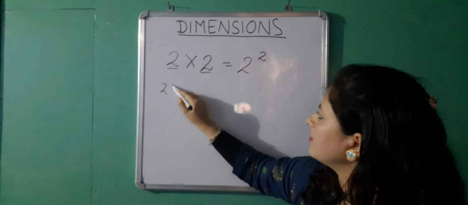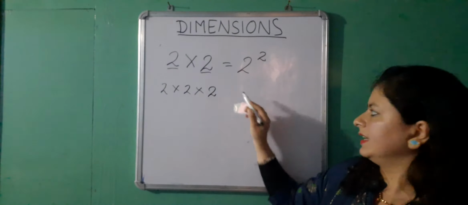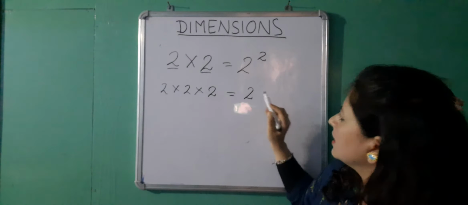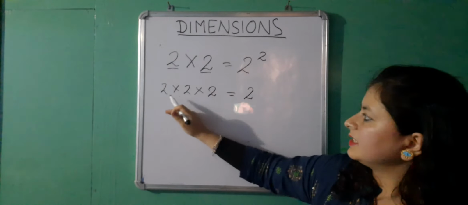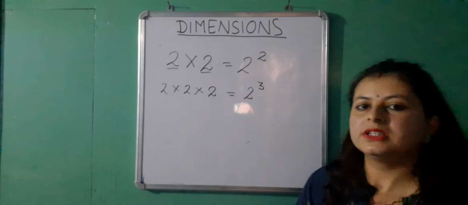Or if I multiply this with one more 2, then my base is 2. The number, how many times has it been repeated? It has been repeated 3 times. So it has been raised to the power 3.